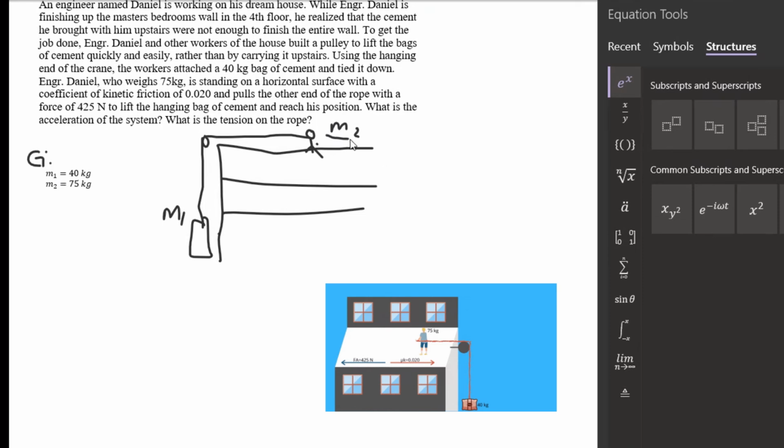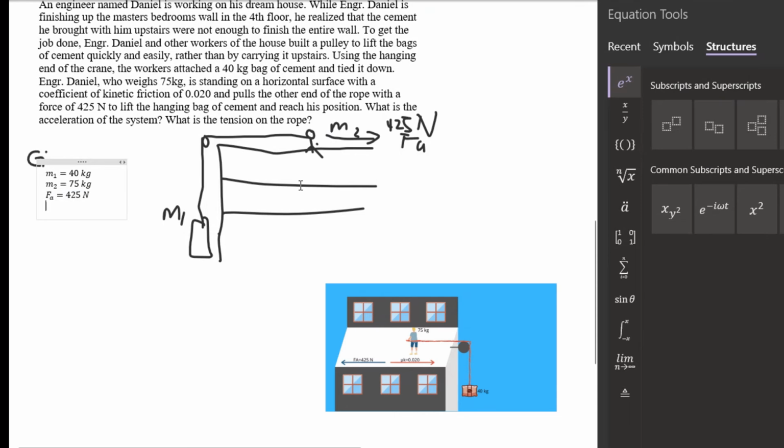You should take note that Daniel is pulling the rope wherein the hanging object is present. So he's pulling the hanging object going here with a 425 newton applied force. So let's write it down: 425 newtons, or 425 kilogram meters per second squared.